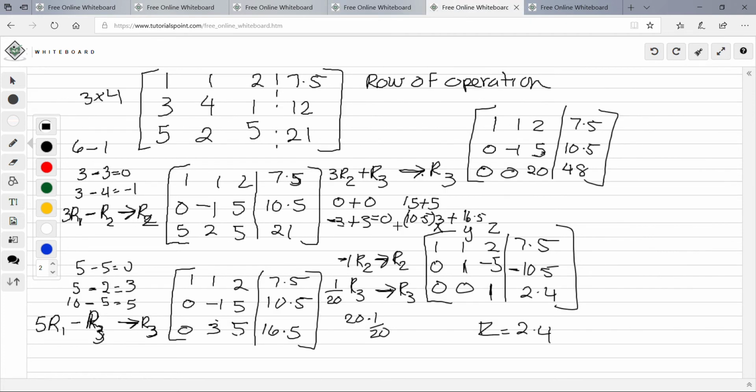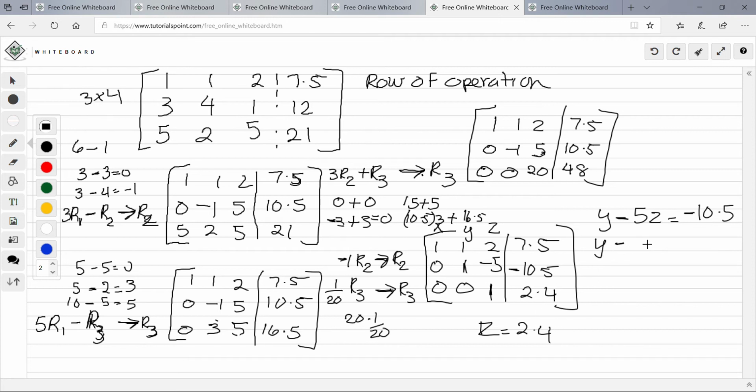So what is our y value? So over here, let's look at this row 2. So we have 1 times, so it has a coefficient of 1, right? And then that has a y column, so it's going to be 1y, minus 5 by this column, 5z equals -10.5. And we know our z, so we could just plug it in. So this will give us our y value.